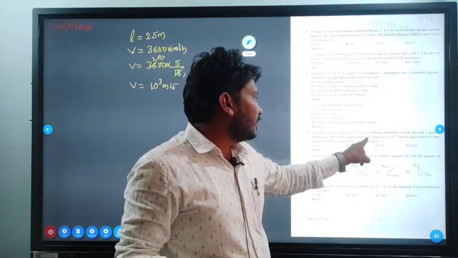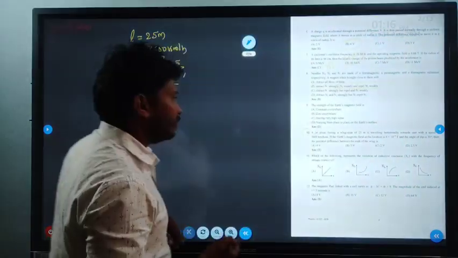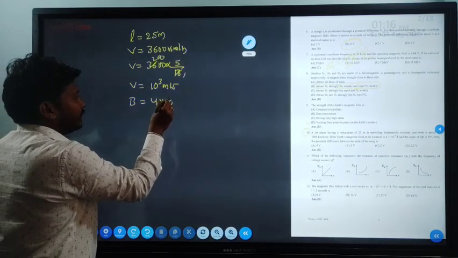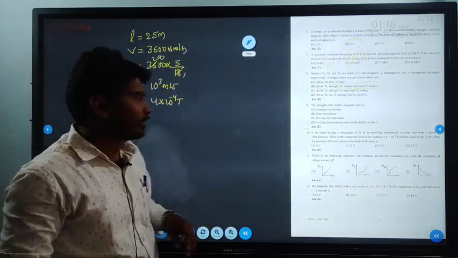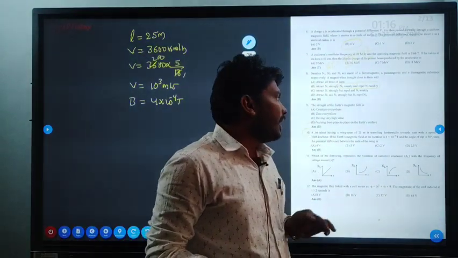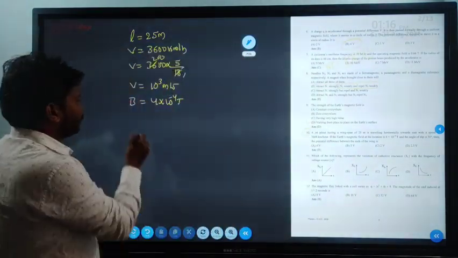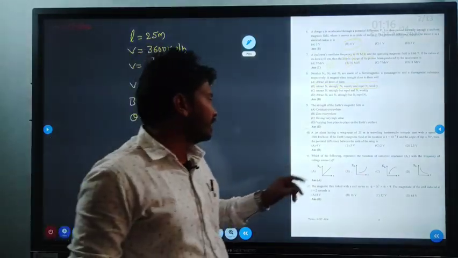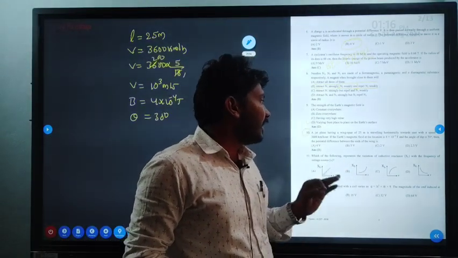If the earth's magnetic field at the location is 4 into 10 to the power of minus 4 Tesla and the angle of dip is 30 degree, then what is the potential difference between the ends of the wing?